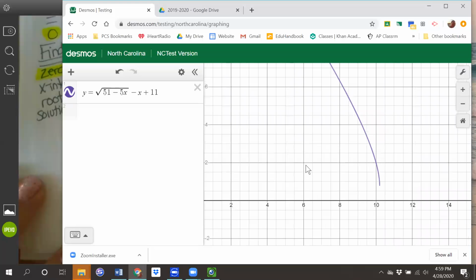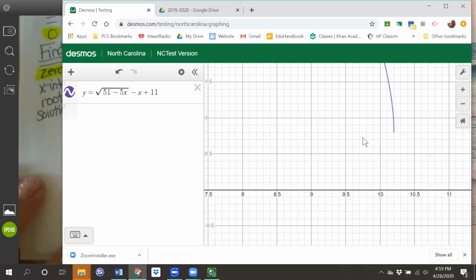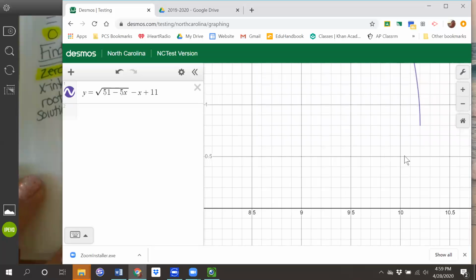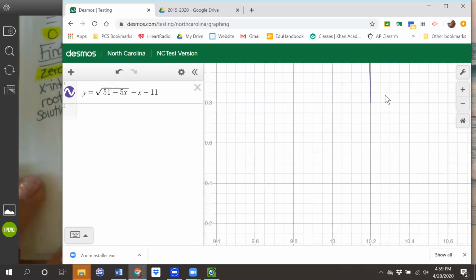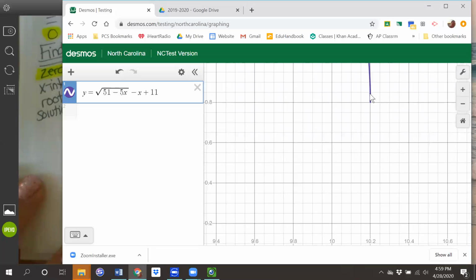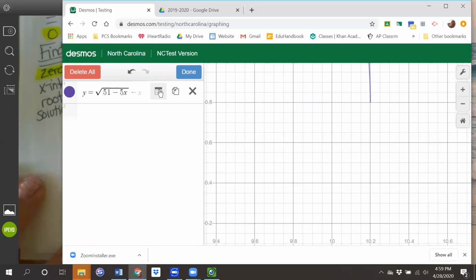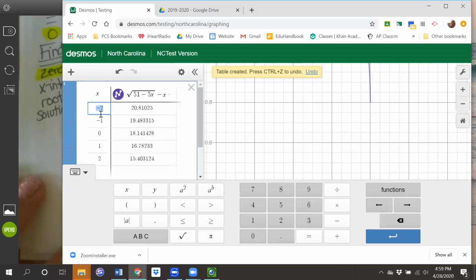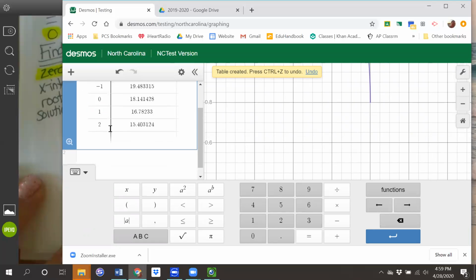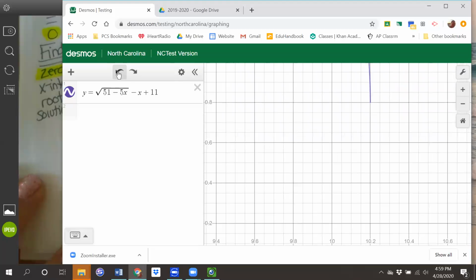Hey, what does that mean? What does it mean that it's never coming down and touching the x-axis, ever? Look at, I'm super zoomed in. Table of values? Does that help me? I guess I'd have to go way down here to whatever that is.